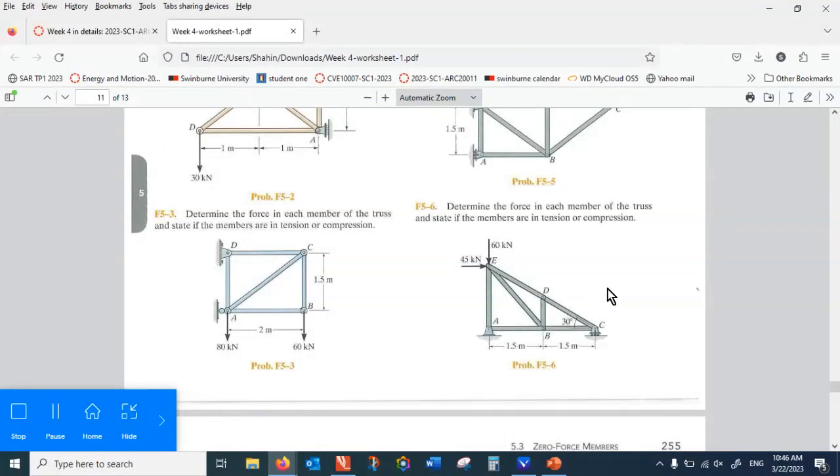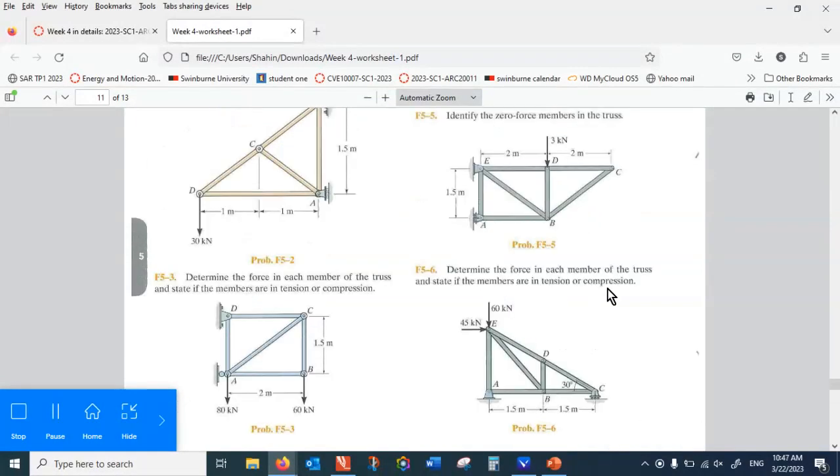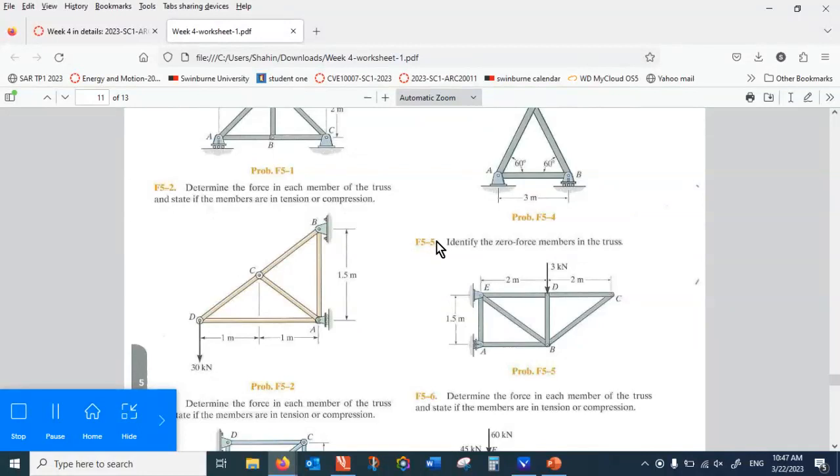All right. So this is how we can go about it, even with 5, DC and CB are redundant members. It's highly recommended you understand the rules, so you identify the zero force members where you see them, because that would reduce your effort in solving the problem.